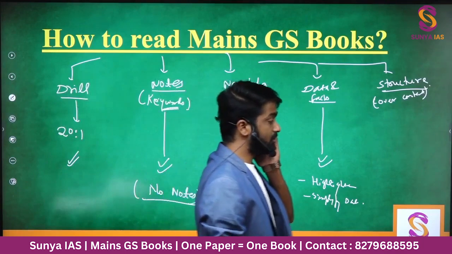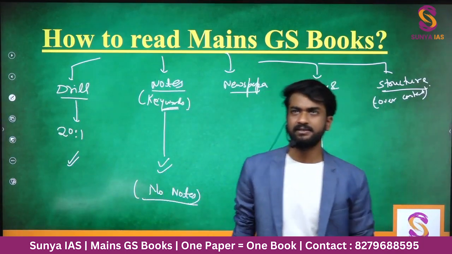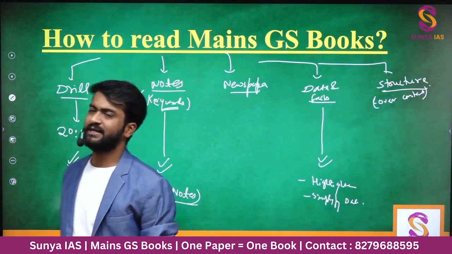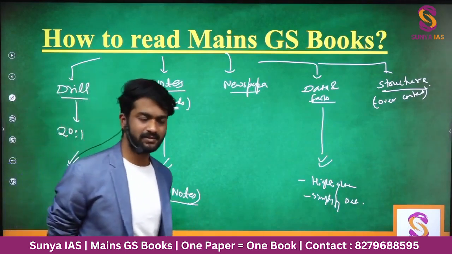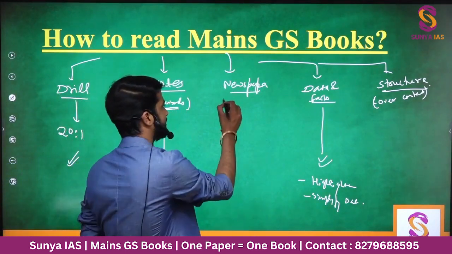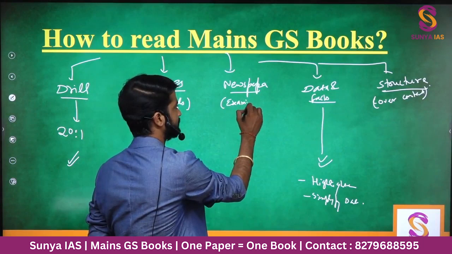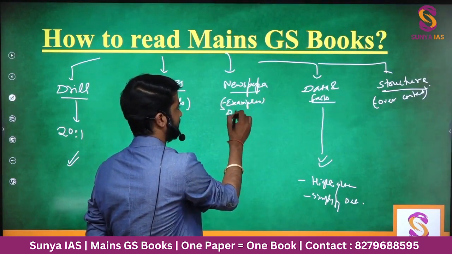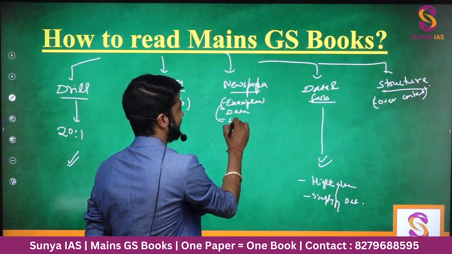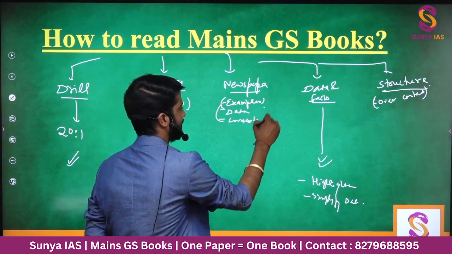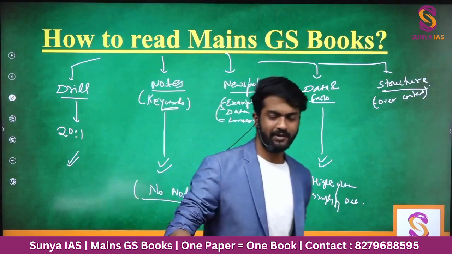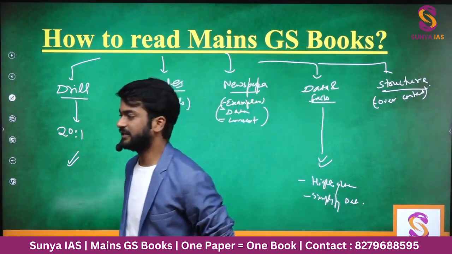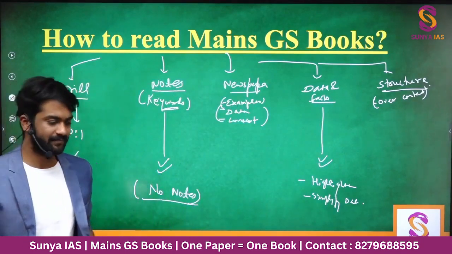Now I think you all should be reading the newspaper on a daily basis. Now from the mains perspective, sometimes you may get some examples, or some data, or some context. For example, let me give you an example: there was a recent train accident in Odisha, right?